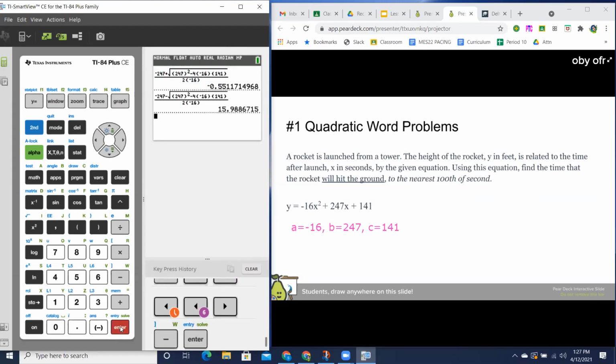So now, what time will the rocket hit the ground? To the nearest 100th of a second. So remember, the 100th place is 2 decimals, but I have to look to my 3rd decimal place to decide if I'm going to round up or keep what I have.